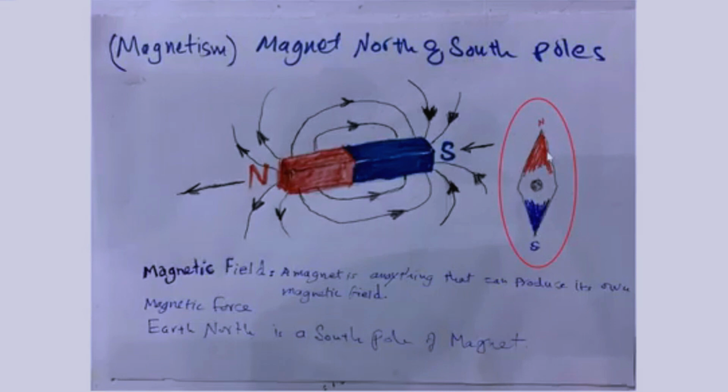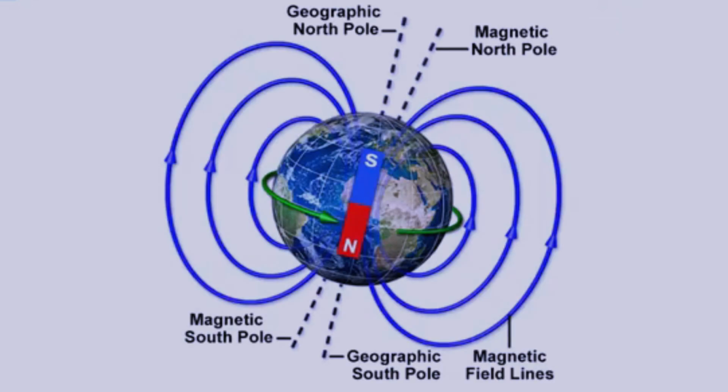The north pole of the compass needle, moving freely, always heads north for a reason: the earth is just like a magnet with two poles. The north of the globe resembles the south pole of the magnet, and the north pole of the magnet goes down to the southern part of the earth.